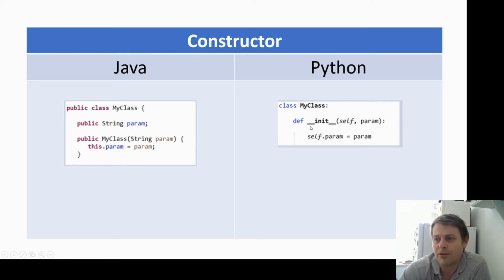In Python, the constructor is 2 underscores, init, 2 underscores. Now this is equivalent code, so we're passing one parameter in. Like before, the strange Python things, we're not saying what type param is, and we're setting self param to be this param, even though we haven't specified that there is a self param.